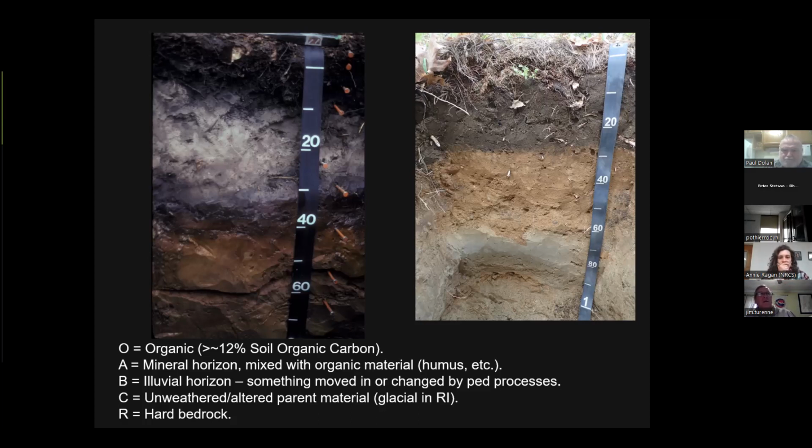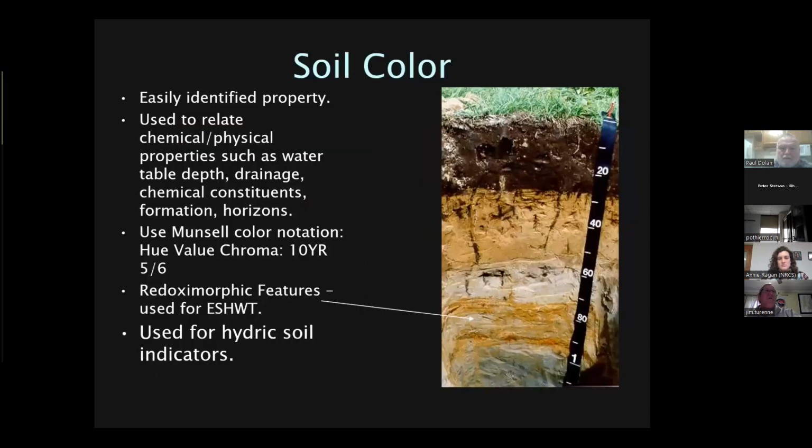So exit and in. So at 30 inches there, you start hitting that B horizon that's got a lot of iron material and also some organic material forming that black colored layer there. And then below that, we hit R, which is hard bedrock. You know, when you hit that, the backhoe is not digging through that material there.